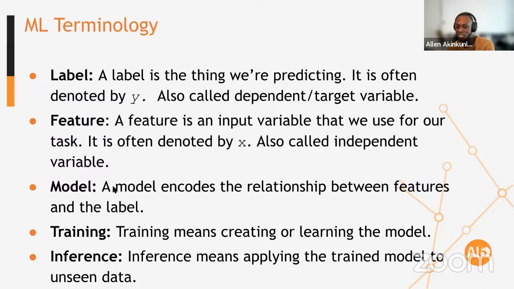And when you hear training, it basically means the process where you give data to an ML algorithm and learn a model from that data. You're trying to learn that relationship. Then there's something called inference, which is when you have a trained model and you have a new data set that you want to predict on, right?